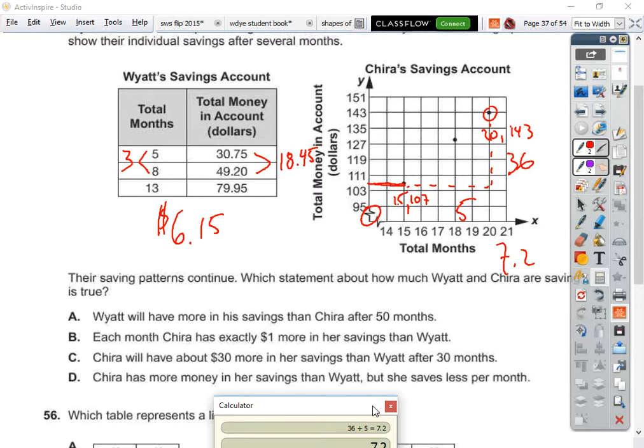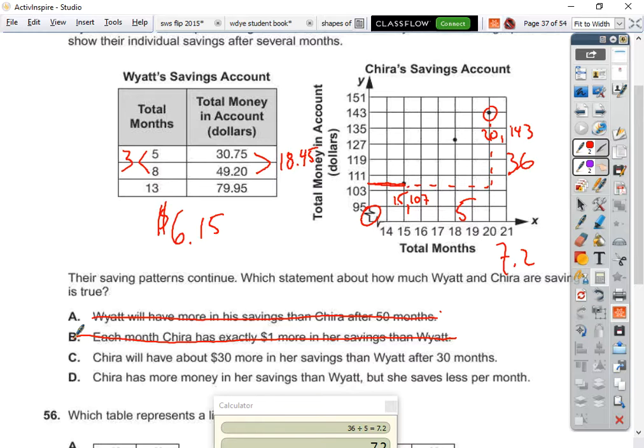Wyatt will, no, that is not true, because Wyatt is saving less money per month than his peer. So we know that A cannot be right. Each month here has exactly $1 more. Well, no, because that means they have the same slope, and they clearly don't.